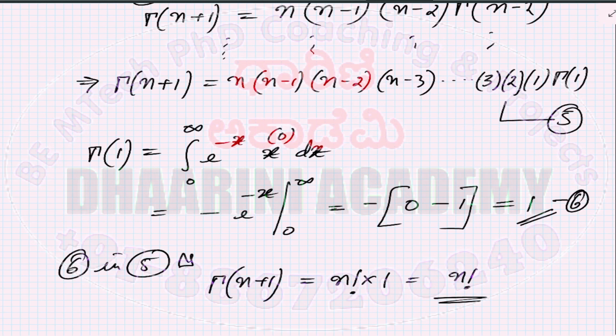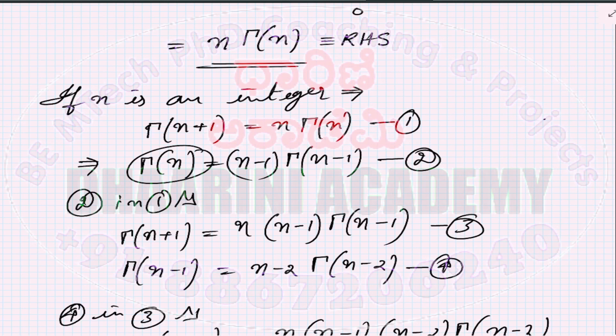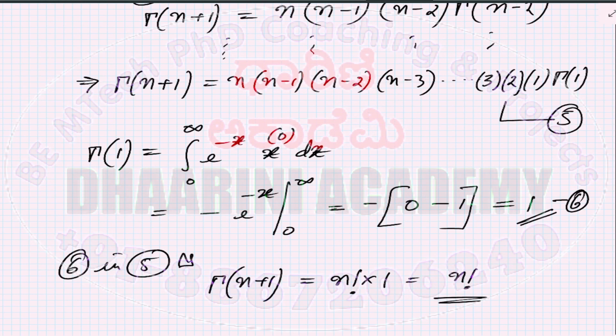If n is an integer, gamma of n can be found easily by using a simple factorial. But if it is not that, then I need to use the formula which we derived before this, that is n into gamma of n. Okay, so this is the property number 2 of beta and gamma functions.